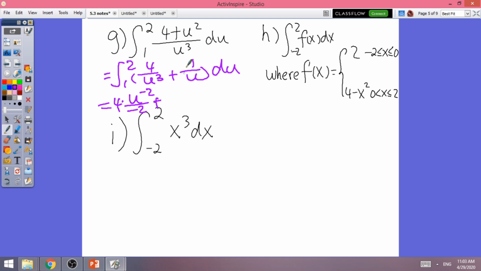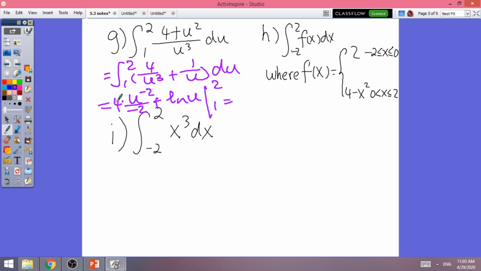And then what about the integral of 1 over u? Is that going to be written as u to the power of negative 1? Add 1, we got 0. No, that's not true. This one is the derivative of natural log of u. So natural log of u, and then from 1 to 2.